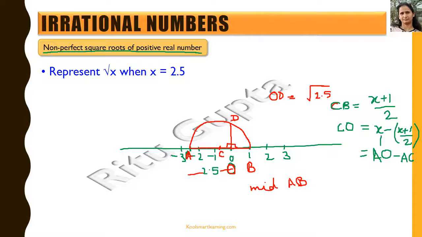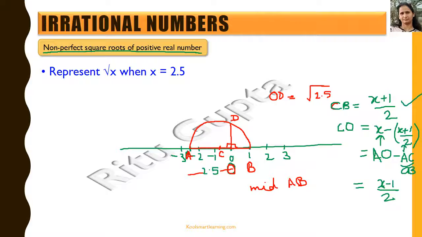AO in this case is x, that is what we started with, and AC is the same as CB, the radius of the semicircle, which is equal to (x plus 1) by 2, which we've just found. So CO becomes equal to x minus (x plus 1) by 2, which comes out to be (x minus 1) by 2. So we know CO is equal to (x minus 1) by 2.